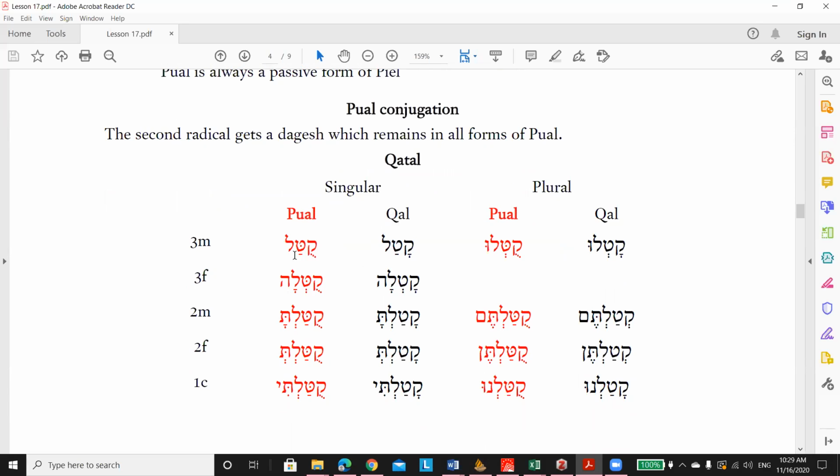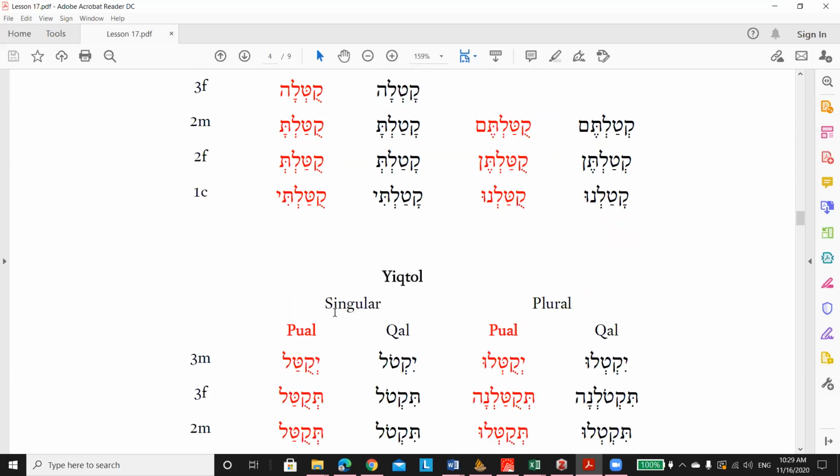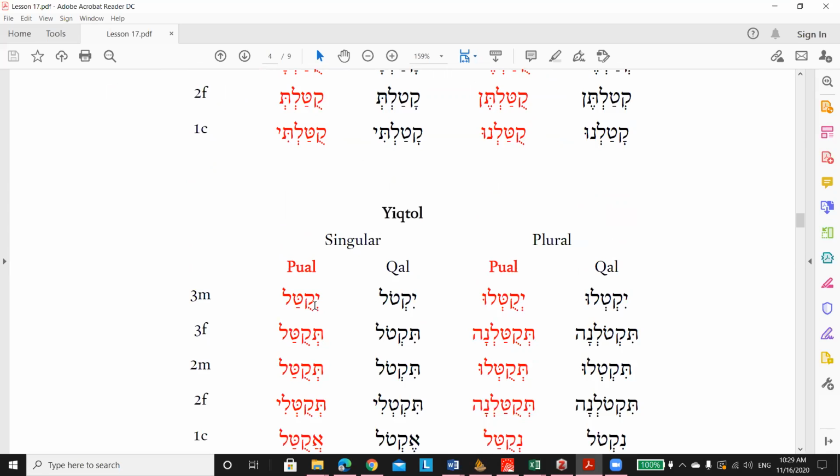And when we need to make a katal conjugation, we just need to add the katal suffixes, and it is done the same way as in Kal. There is nothing problematic here. And yiktol, yekutal. Do you see again we have here shva, and shva will tell us that this is either Pual or Piel stem, and this kibbutz will always tell us that this is Pual.